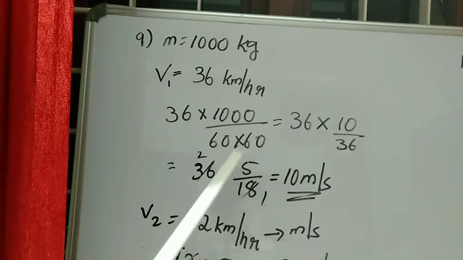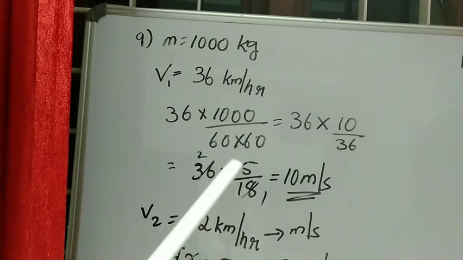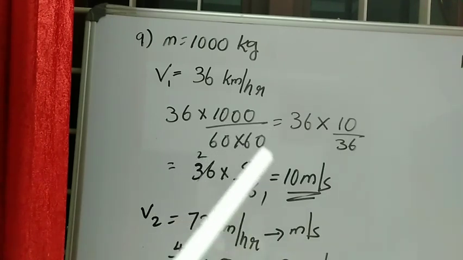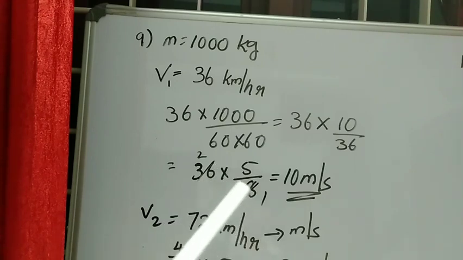So we get a short form. Whenever we need to convert kilometer per hour to meter per second, just multiply the given value by 5 by 18. No need to do all the steps. You have to learn this by heart. The given value into 5 by 18 gives the value in meter per second.